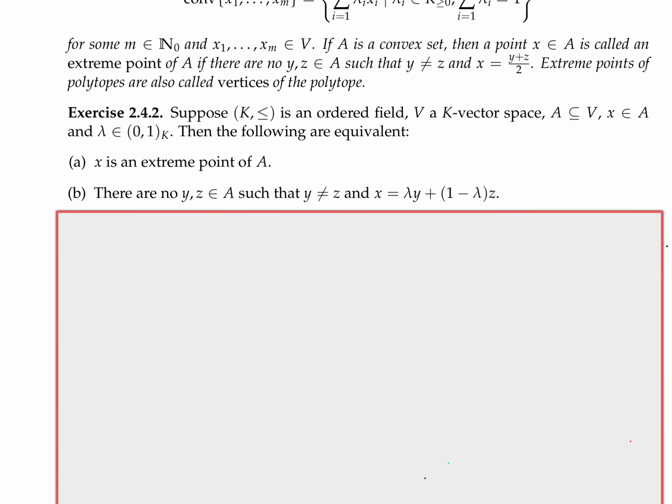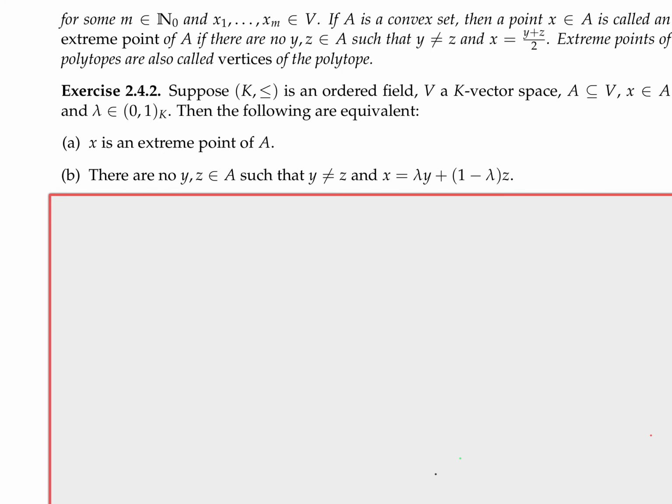Okay, so, how you often see it in the textbooks is that they would not fix the lambda in advance, and they would say there is no lambda between 0 and 1, and y and z and such things, right? That's formally a little bit weaker, but that's what we really need, I think.